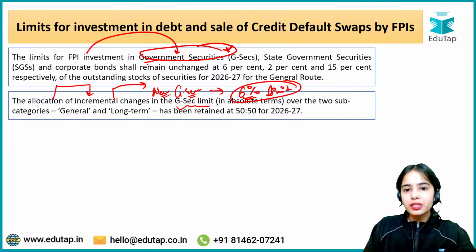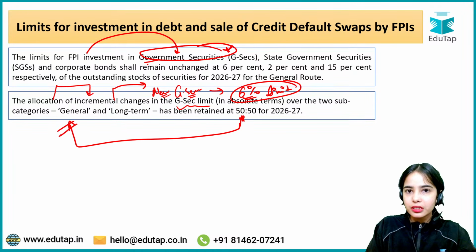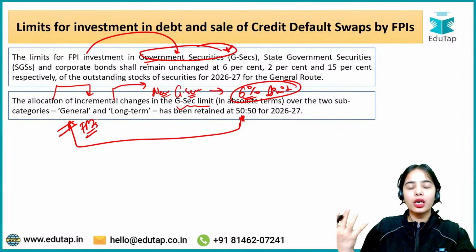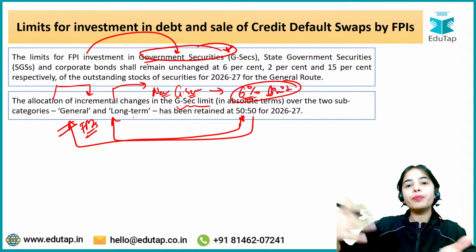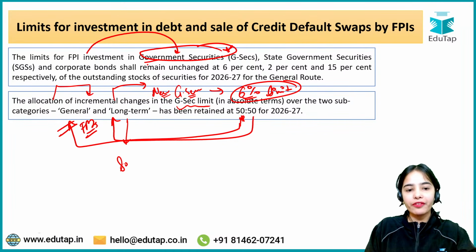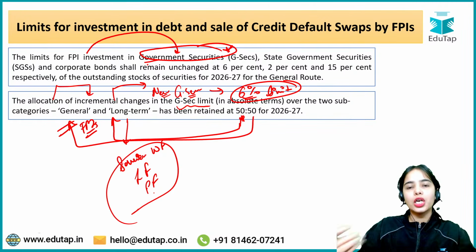So out of the 6%, 50% should go to the general foreign portfolio investors that usually trade more frequently, while the other 50% should go to the long-term investors, such as the sovereign wealth funds that usually invest for the longer period of time, or the insurance funds, the pension funds that usually invest for a longer period of time.